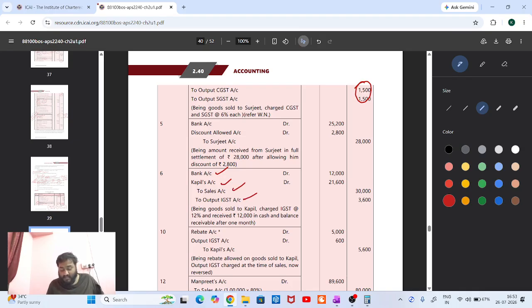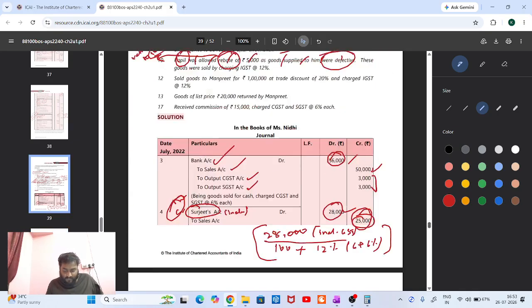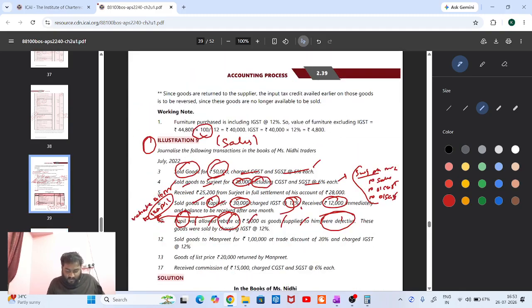Am I going too quick? Just let me know. Okay. Bank account debit 12,000. This is the balancing figure. What is the sale? Sale is 30,000. Output GST, which is 12% of 30,000.